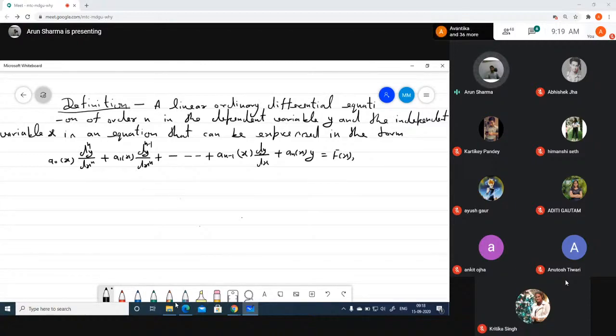Okay, so this is a linear ordinary differential equation.